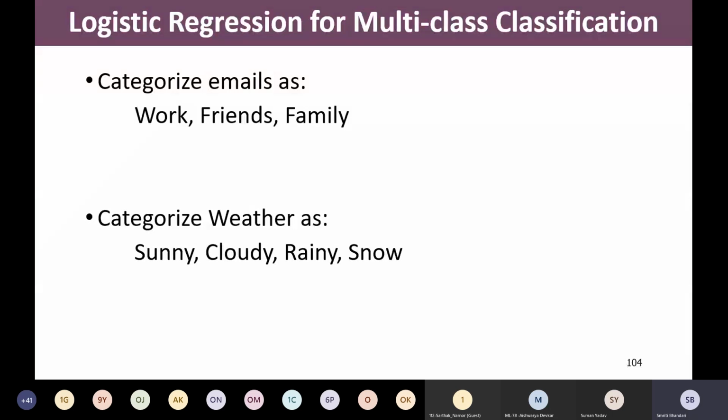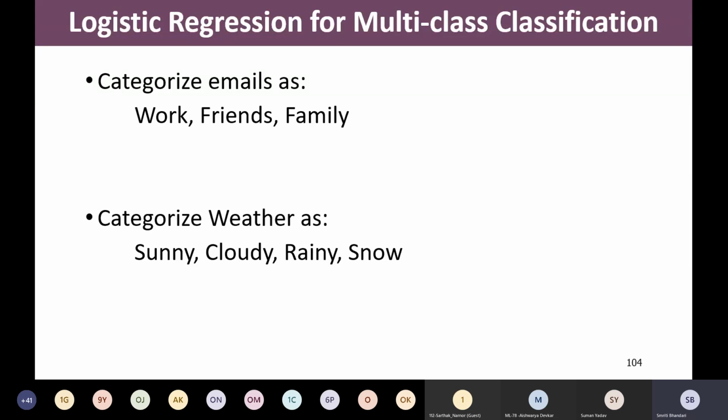Say for example, earlier whenever we wanted to classify mails as spam or non-spam, there were two classes, spam and non-spam. So it was a binary classification problem.